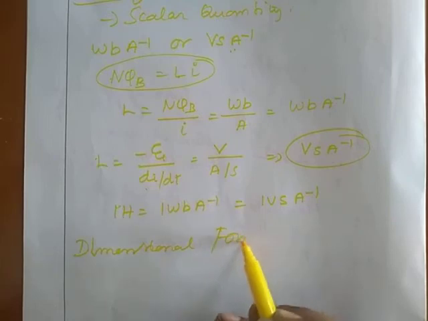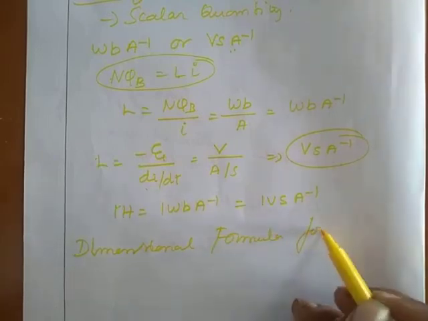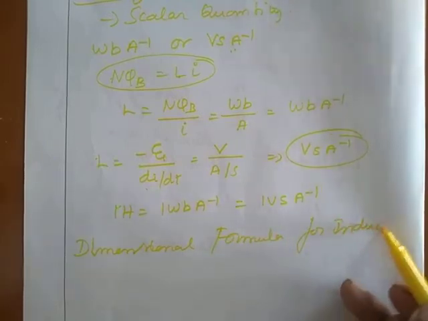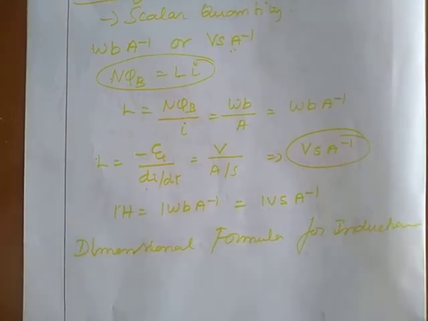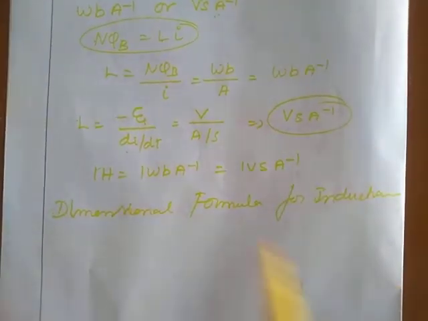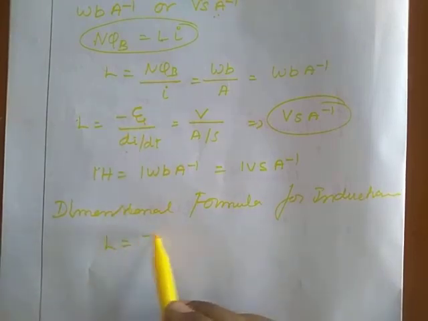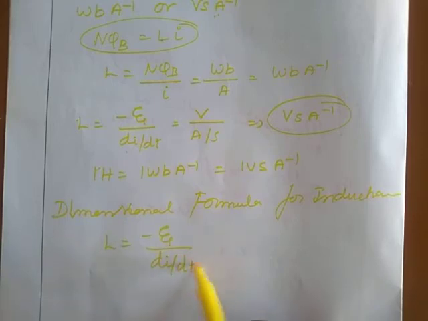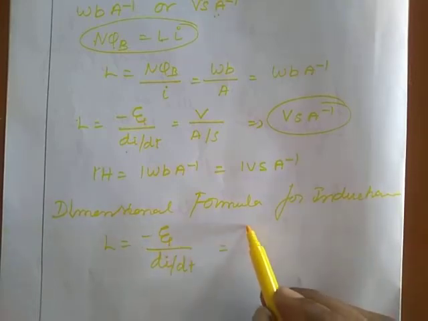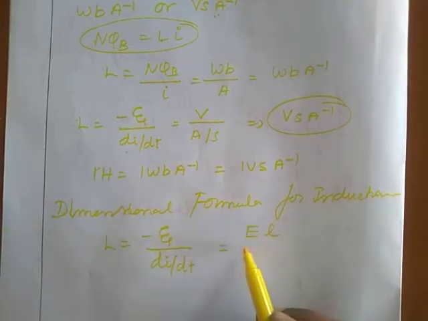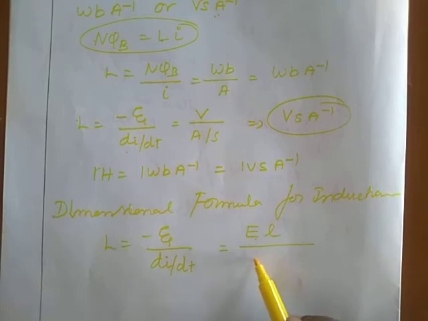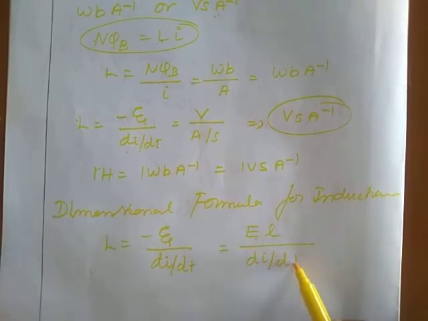For this we need the relation L is equal to minus psi by di by dt. Here we need L. We can write psi, which is a potential, as E into L, electric field into length. Then di by dt.